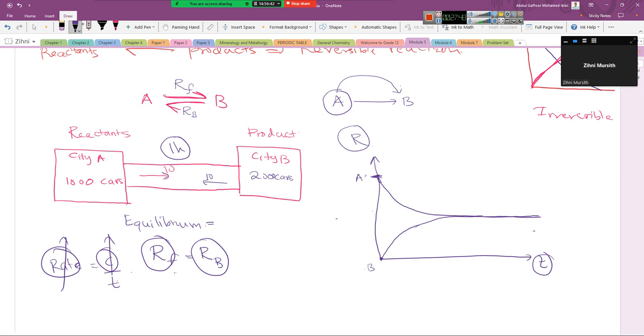Here what you should understand is the rate of the products will be increasing and the rate of the reactants will be decreasing, but at equilibrium forward rate will be equal to backward rate, and the rate profile will appear like this. This is called the rate profile. So have you understood? At equilibrium, the forward reaction rate is equal to the backward reaction rate.